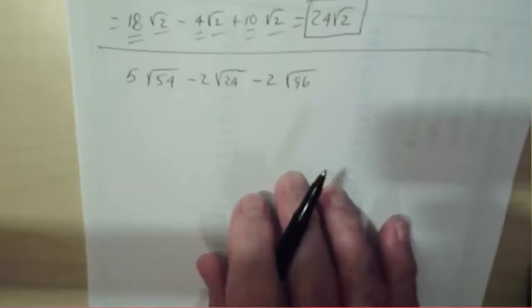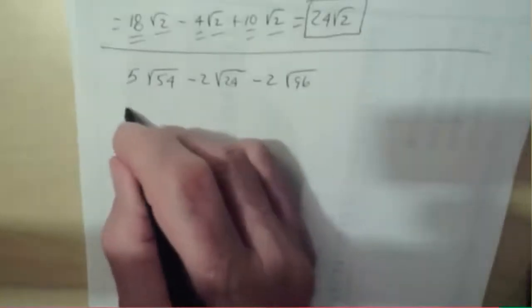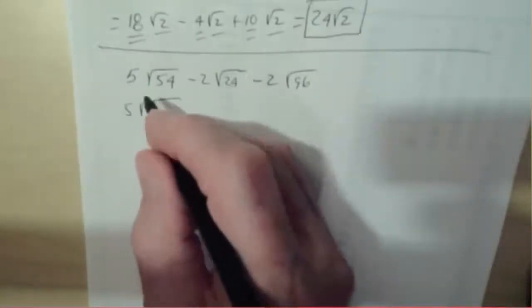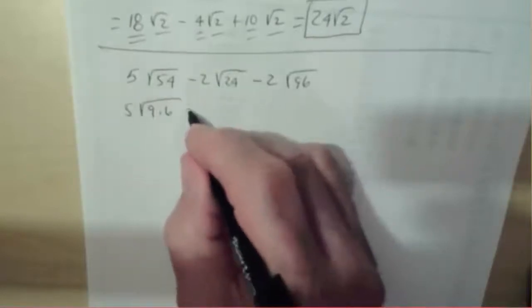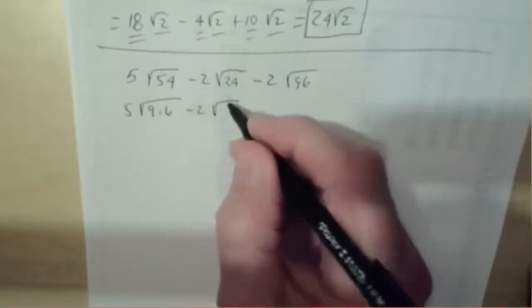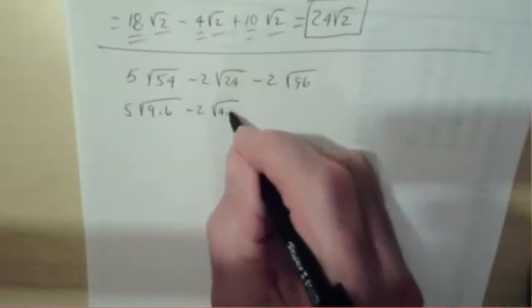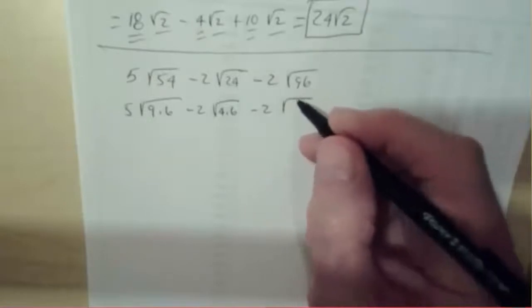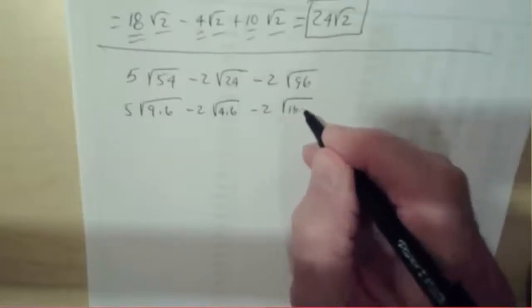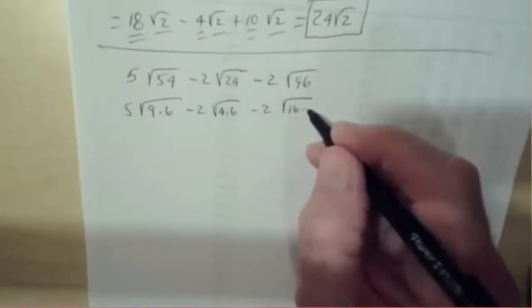So this is 5 times the square root of 9 times 6, 9 is a perfect square, minus 2 times the square root of 4 times 6, minus 2 times the square root of 16 times 6.